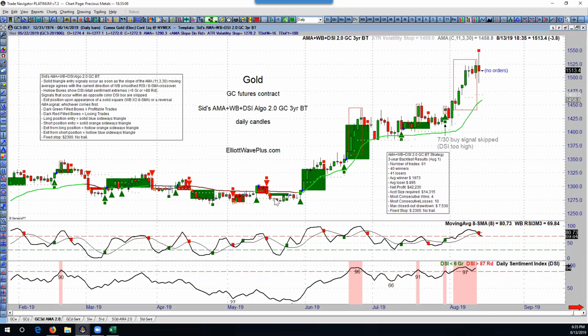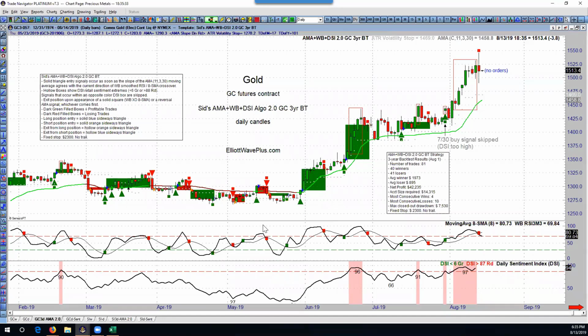If we just saw a 40-week cycle trough down here in May, we're likely to be moving up for a number of weeks out of there. And so any kind of fake-out signals, like sell signals that might occur in there, are best avoided right after a large cycle trough.